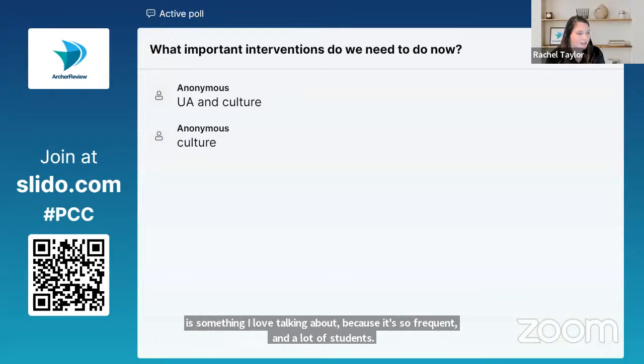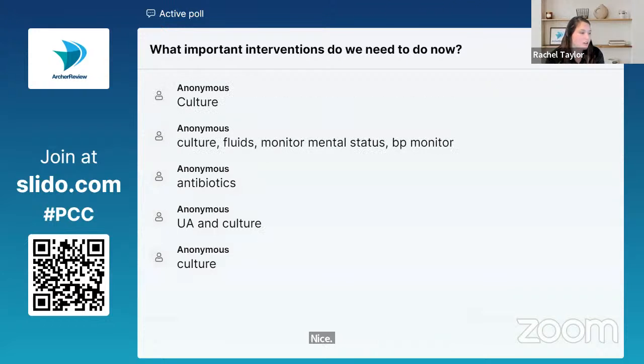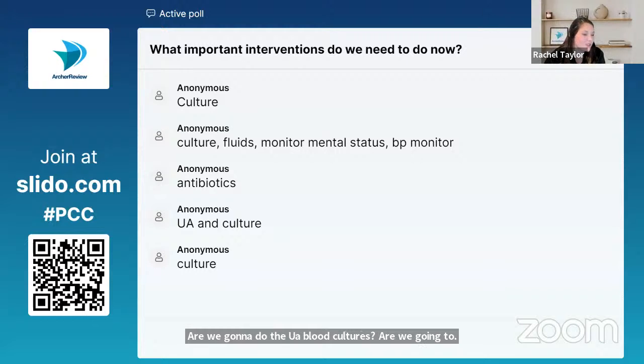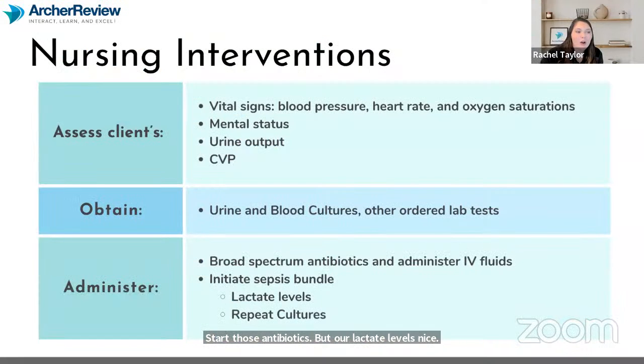Good. Nice. Are we going to do the UA, blood cultures? Are we going to start those antibiotics? What are our lactate levels? Nice. So it's going to look the same, right? We're watching vital signs. We're watching, hey, what's that mental status? How's our urine output?